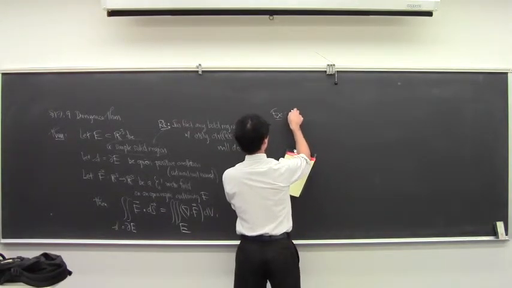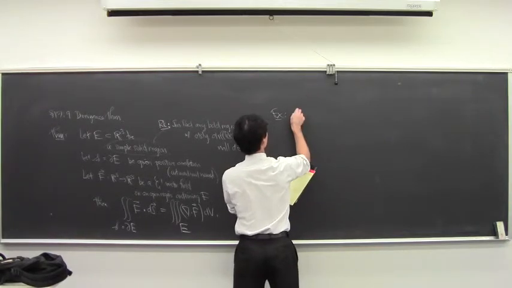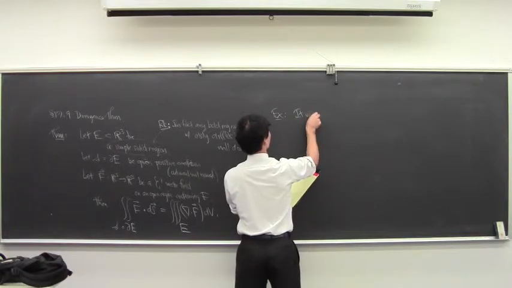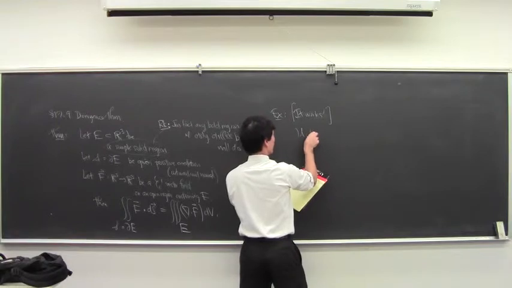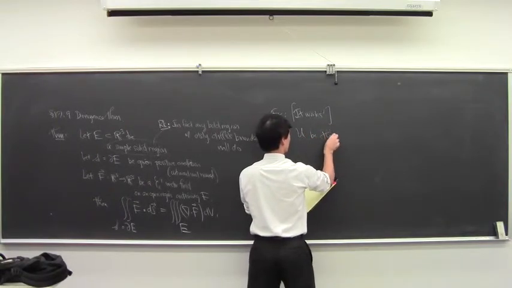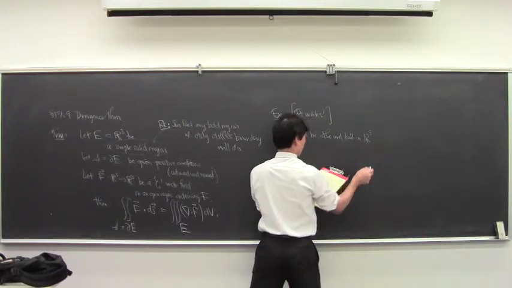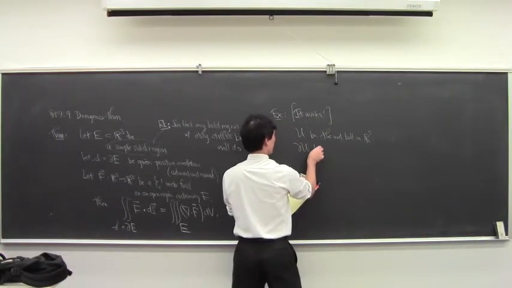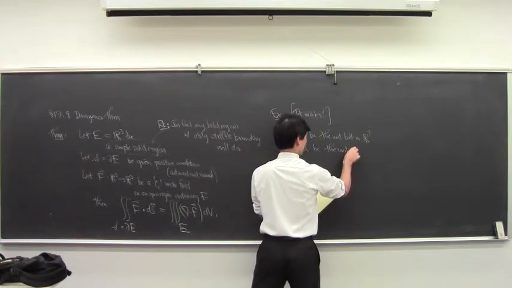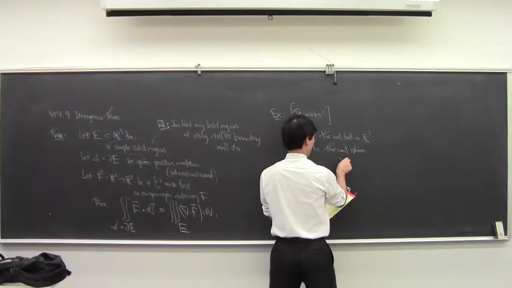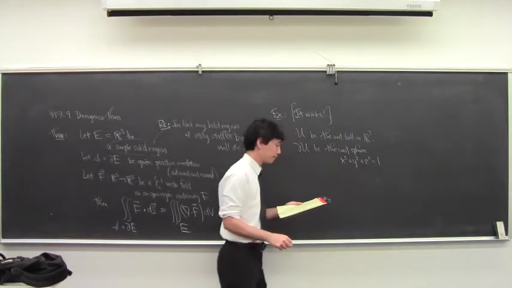Okay, so here's an example of that it works. Let U be the unit ball in R3, and let the boundary of U be the unit sphere, x squared plus y squared plus z squared equals 1.